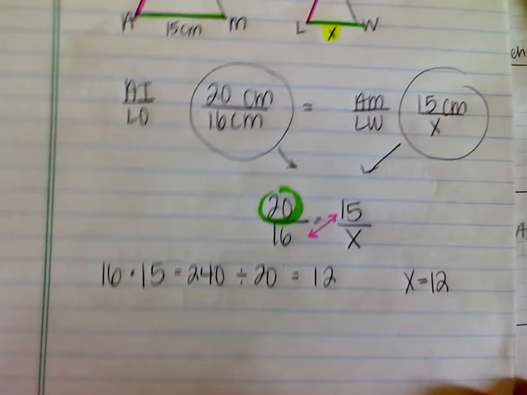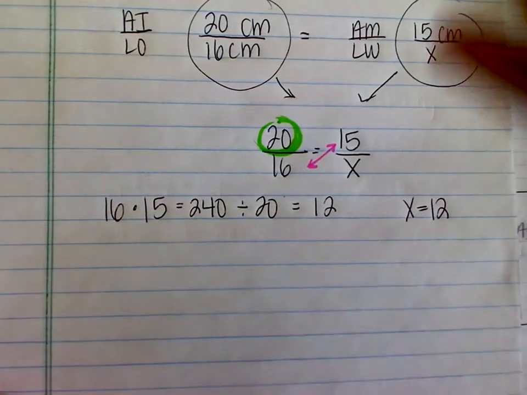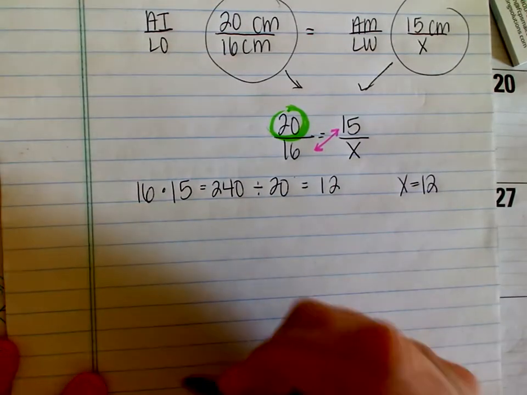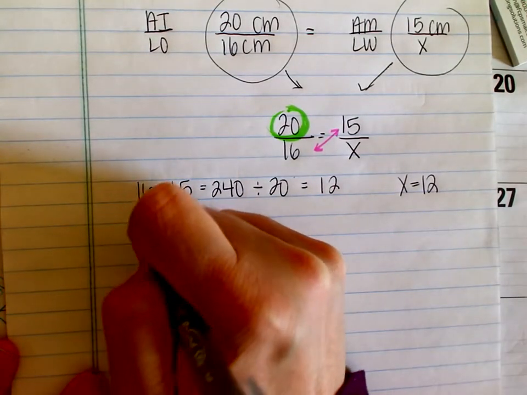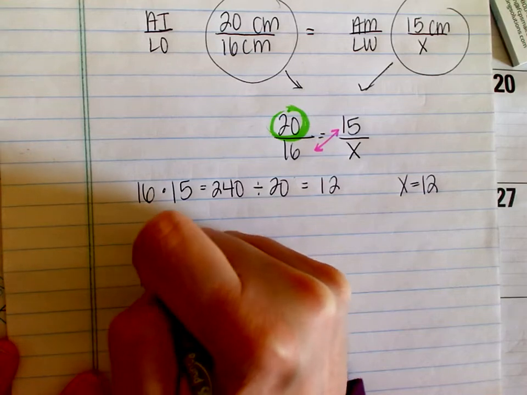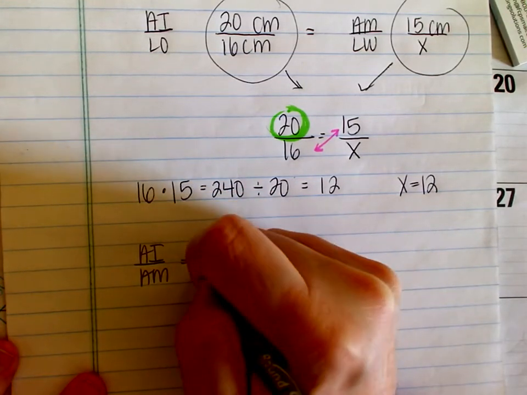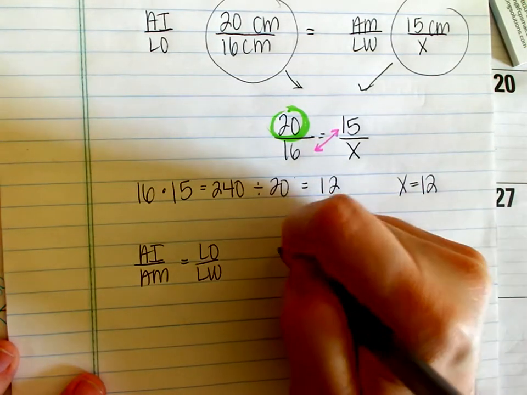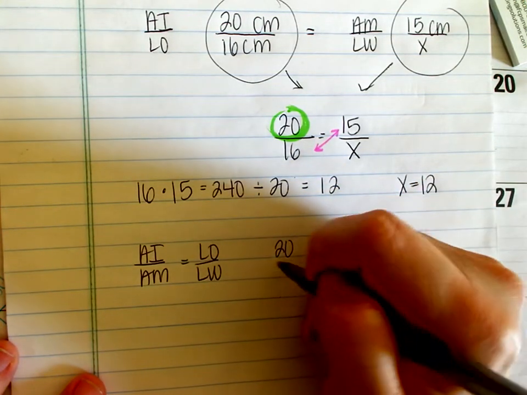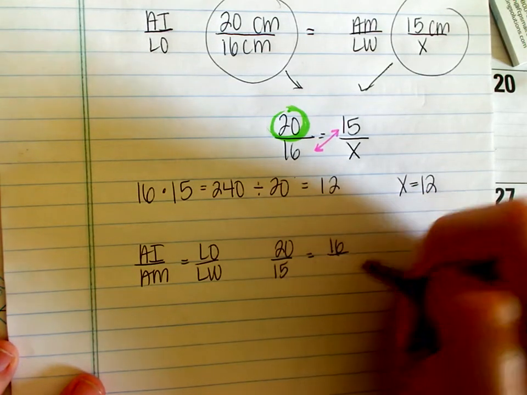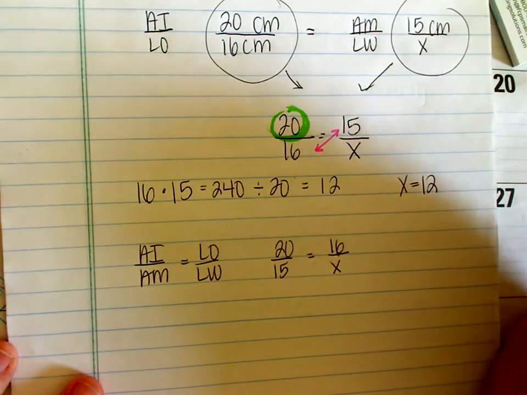Another way to do it is to use the same triangles, but use the proportions with its own self. So AI and AM should be in proportion to LO and LW. We know that AI is 20, we know that AM is 15, we know that LO is 16, and we're looking for LW.